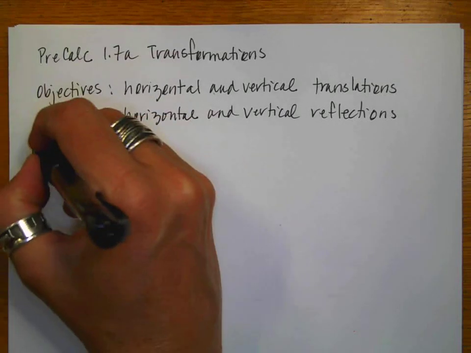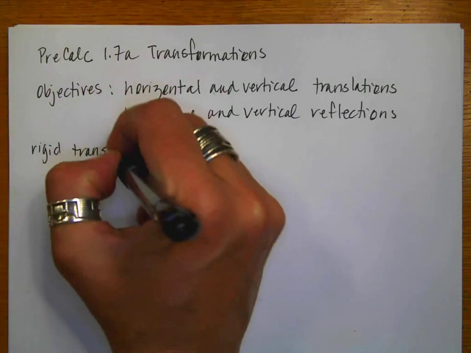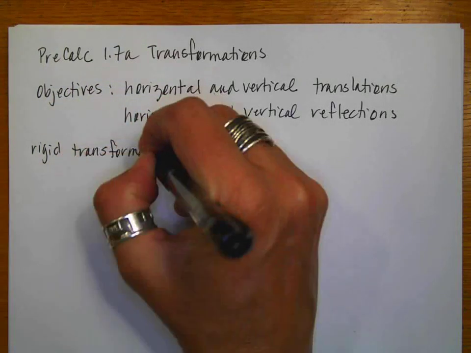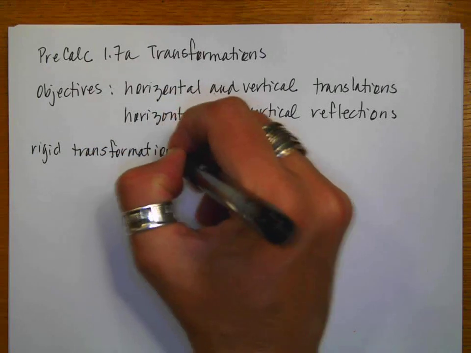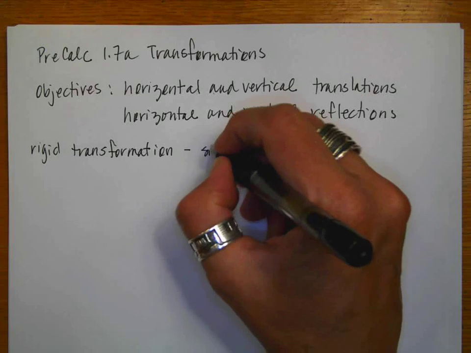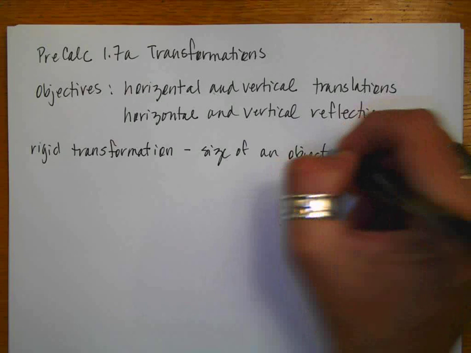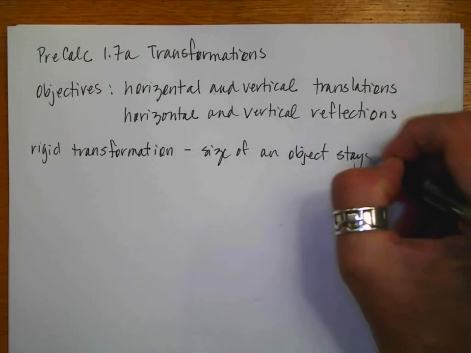So the first thing that I want to do is talk about a definition that you got way back in geometry, and it's called a rigid transformation. So a rigid transformation is one where the size of an object stays the same.